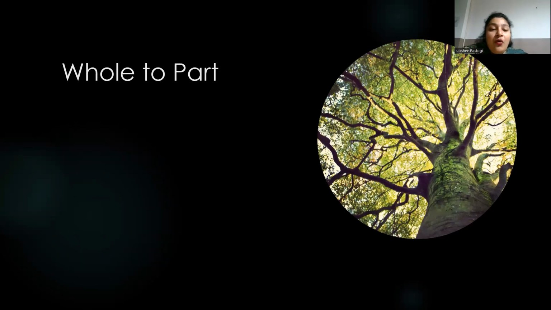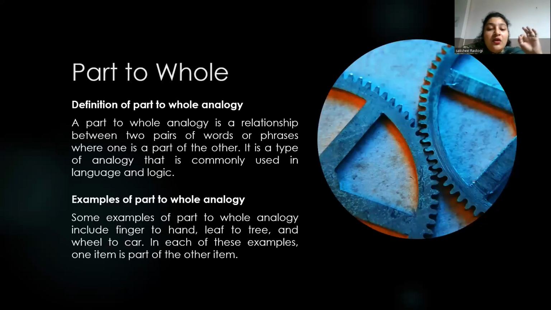In a part to whole analogy, the relationship between the part and whole is used to make connections and draw parallels between different concepts, ideas, or objects. The structure of a part to whole analogy is typically part is to whole as part is to whole.